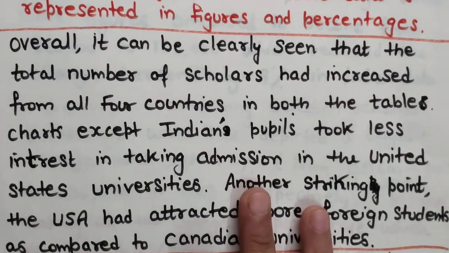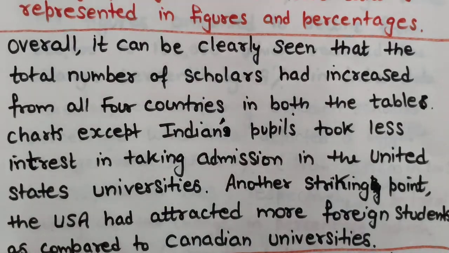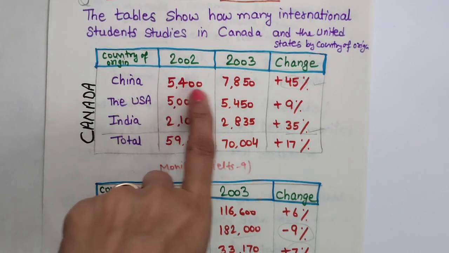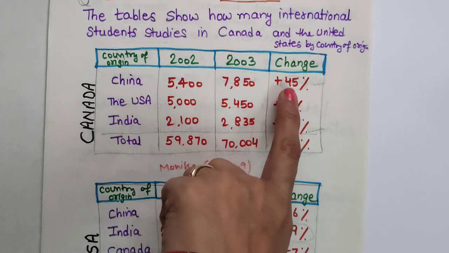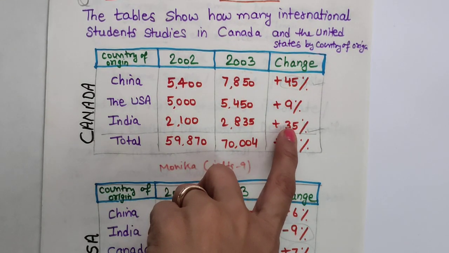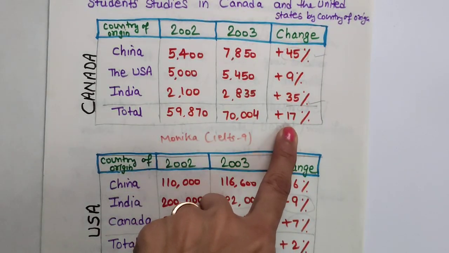Now looking at my overall paragraph. First I will show you the tabular data again. What you can see is that Chinese students are entering Canada by taking admission into Canadian universities with a 45% increment, second is Indian students at 35%, and overall a 17% increase.